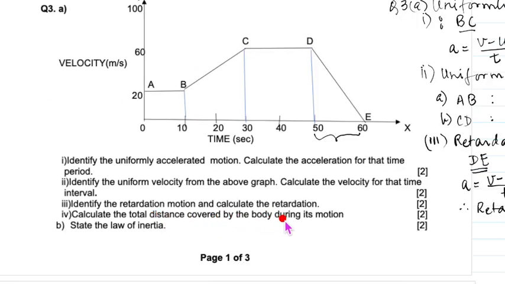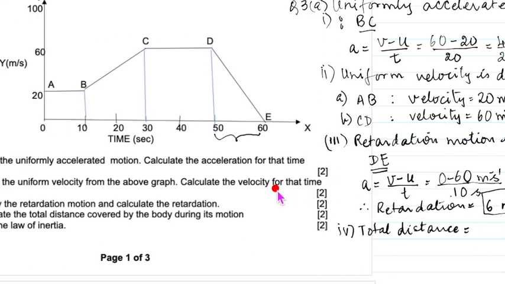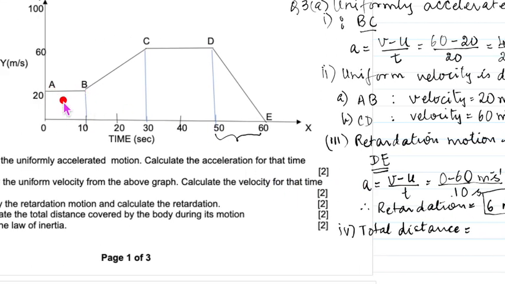Calculate the total distance covered by the body during its motion. Now the total distance is going to be the area which is trapped by this graph and the x-axis. That is the total distance.